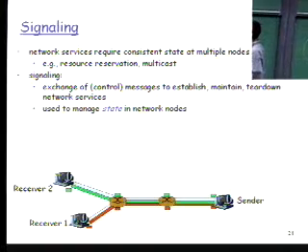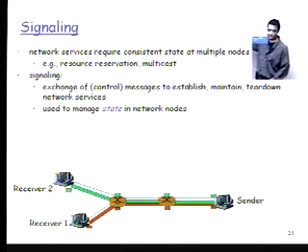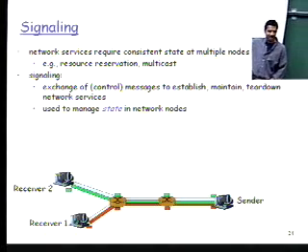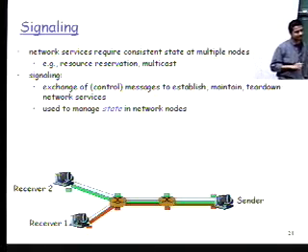The state that is established here is some sort of filters at these routers, and the sender knows that there are active receivers, so it will continue sending packets. So some state will also be established here.